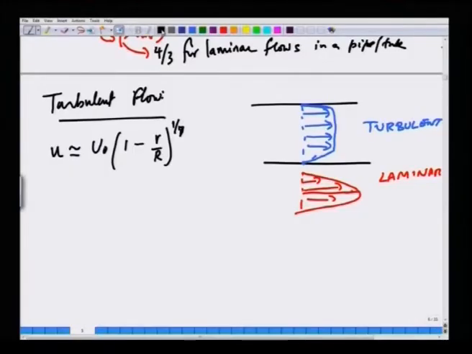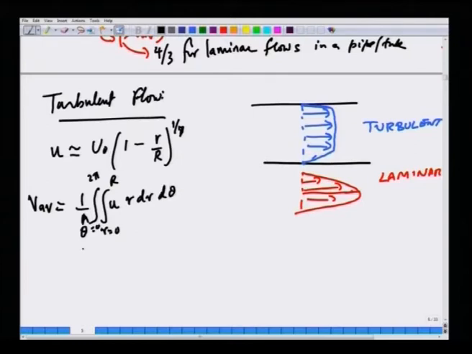So, let us first calculate the average velocity. The average velocity is 1 over A integral u dA, which is simply r from 0 to R, theta from 0 to 2 pi, u, which is this expression, times r dr d theta. If you do this, which I won't do the algebra fully, the answer you will get is 49 by 60 u naught.